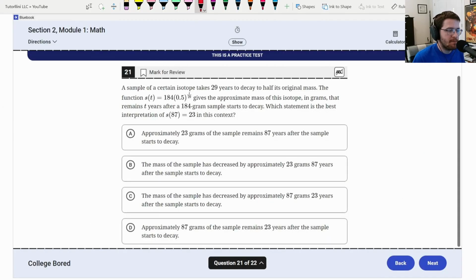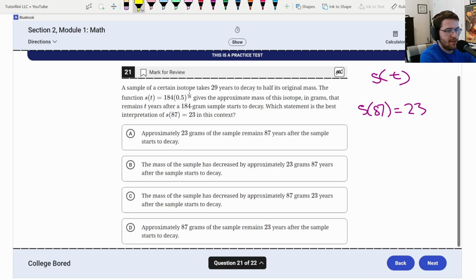Okay, question 21. So this is just an interpreting function notation point question. I'm going to do it completely off to the side without reading the answer choices at all. So it says s of 87 equals 23, and the function's name is s of t.